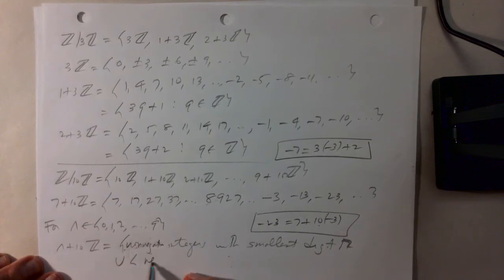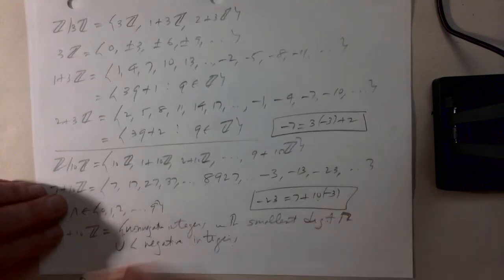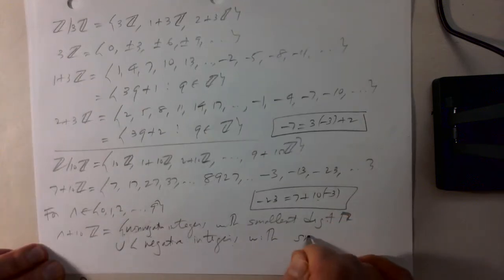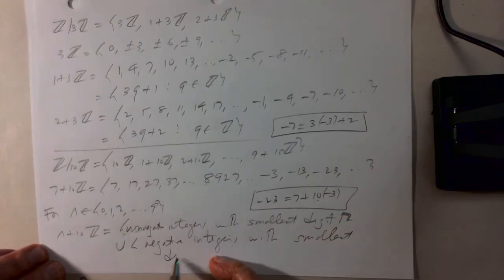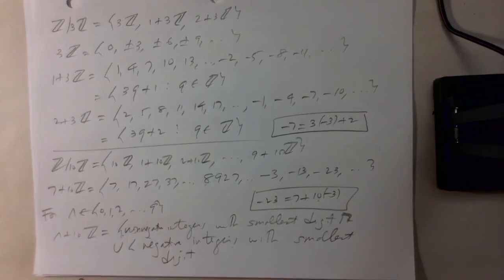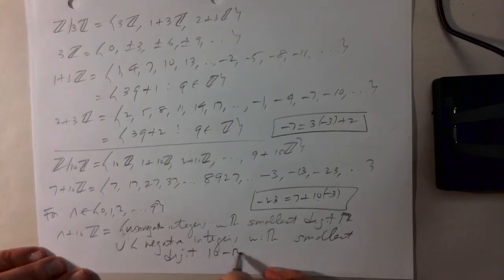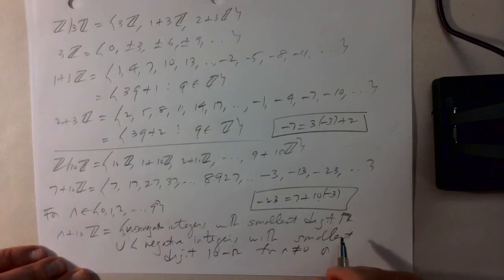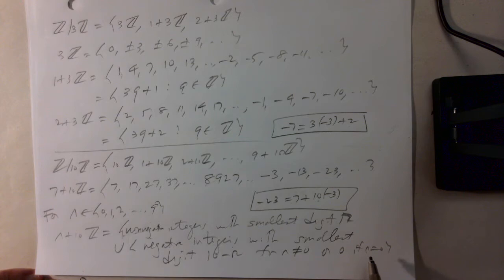Together with all the negative integers with smallest digit 10 minus r, if r is non-zero, or 0 if r equals 0. So the congruence classes mod 10 are completely determined by the unit digit, the smallest digit in the decimal expansion.